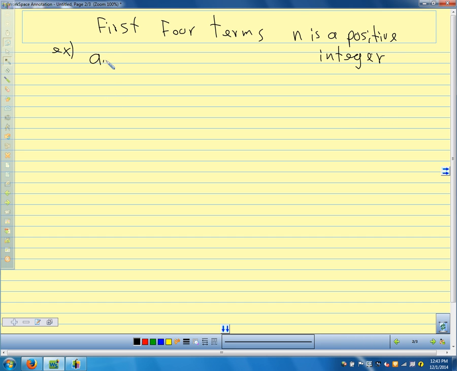So a sub n, for our first example, is 2n plus 5. So we want to write out the first 4 terms. So what would a sub 1 be? 2 times 1 is 2, plus 5 is 7. A sub 2, 2 times 2 is 4, plus 5 is 9.